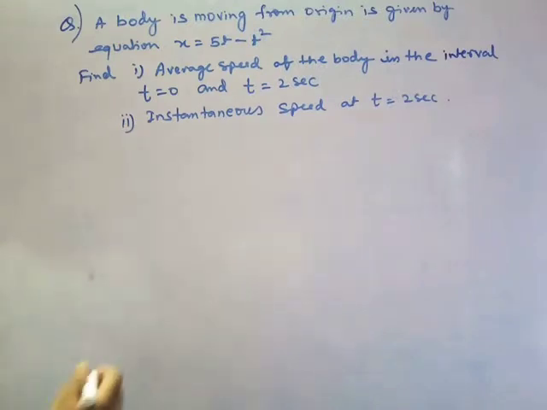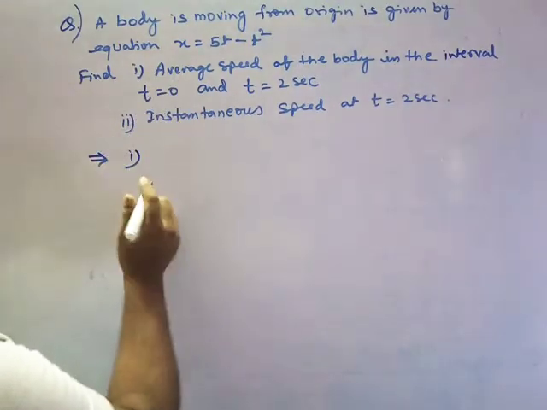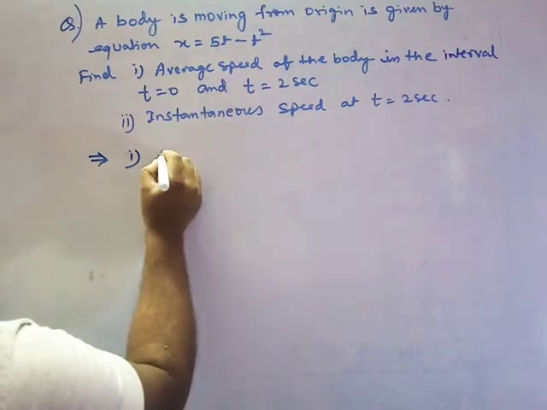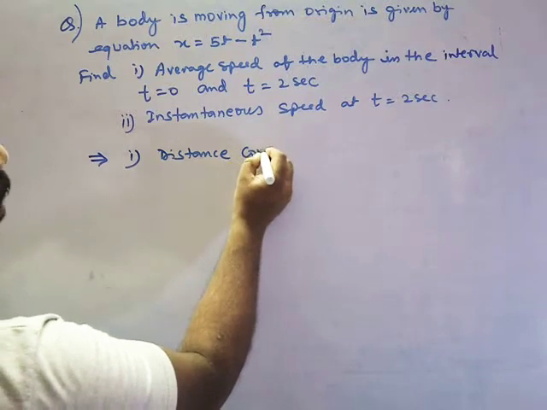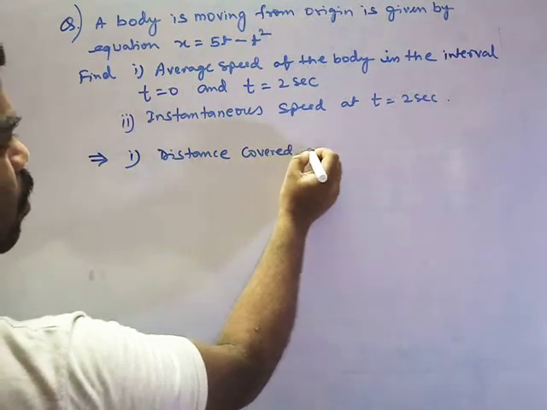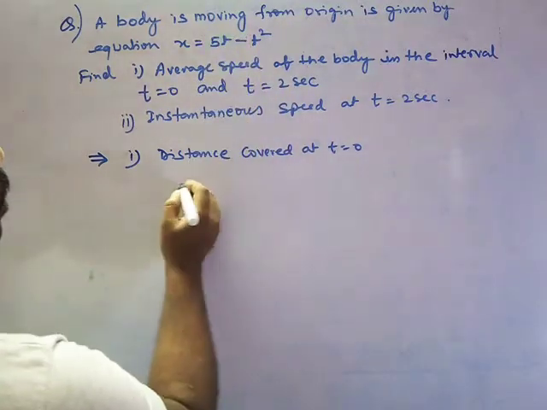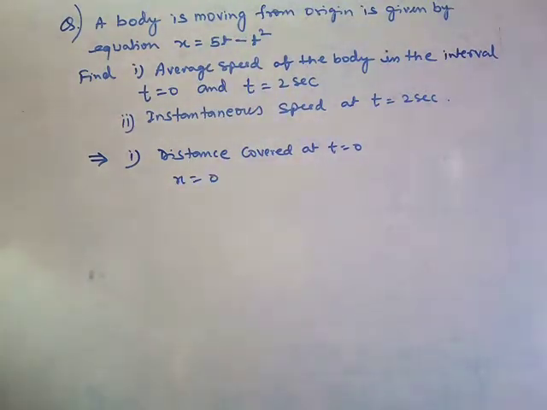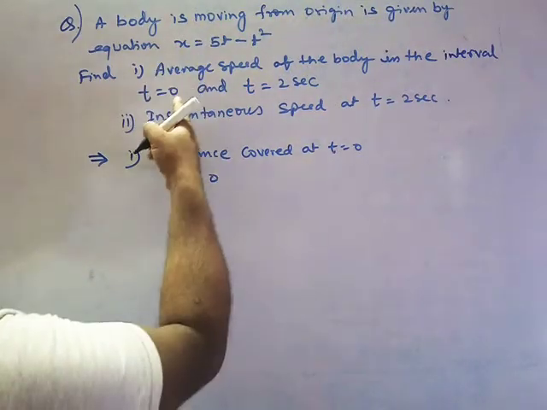So first, in the answer for Roman number 1, I will find the distance. You will write: distance forward at t equal to 0. When you put t equal to 0, your distance is also 0, and time is already 0.